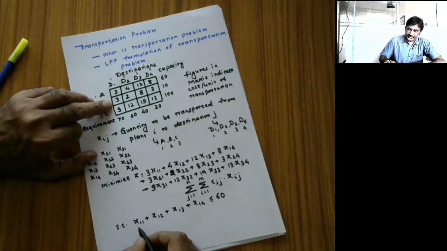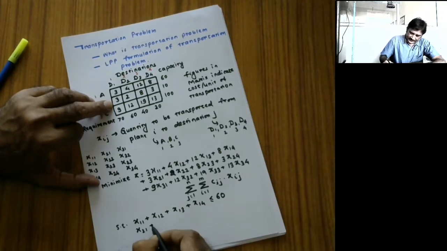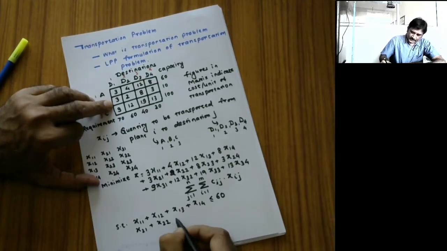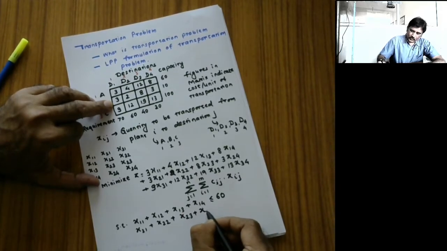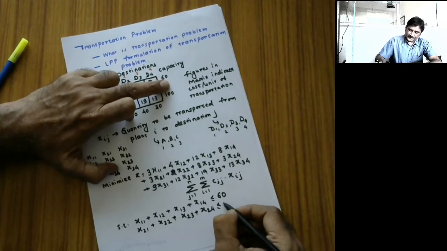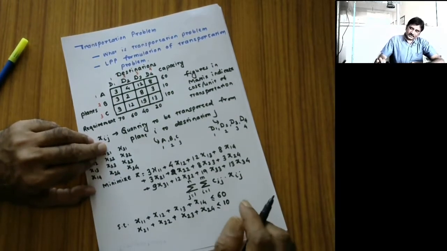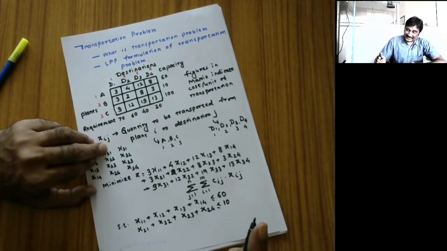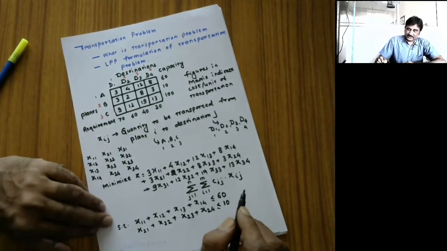It will simply be the quantity to be transported from B, that is 2: X21 plus X22 plus X23 plus X24 will have to be less than or equal to the capacity of B, 10, because no plant can transport more than what that plant has, which is given by the capacity of the plant.